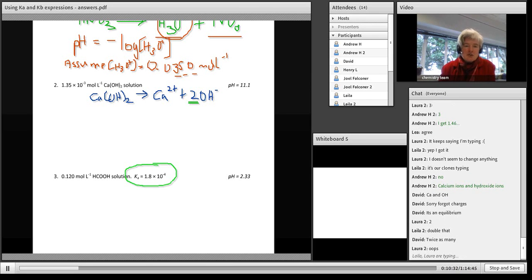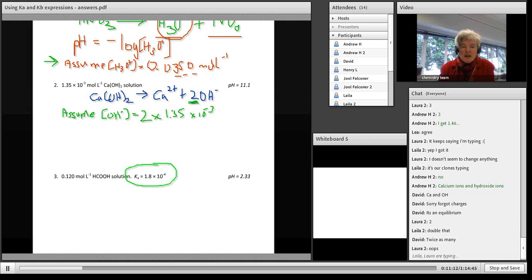Okay, so where we had here assume the hydronium ion is the same as the nitric acid, what we have to do now for the calcium hydroxide, we have to assume, because we're going to say, well, let's ignore any contribution from water because it's so tiny. Okay, we're going to assume the hydroxide is equal to 2 times, and it's twice because of my stoichiometry, 2 times 1.35 times 10 to the minus 3.